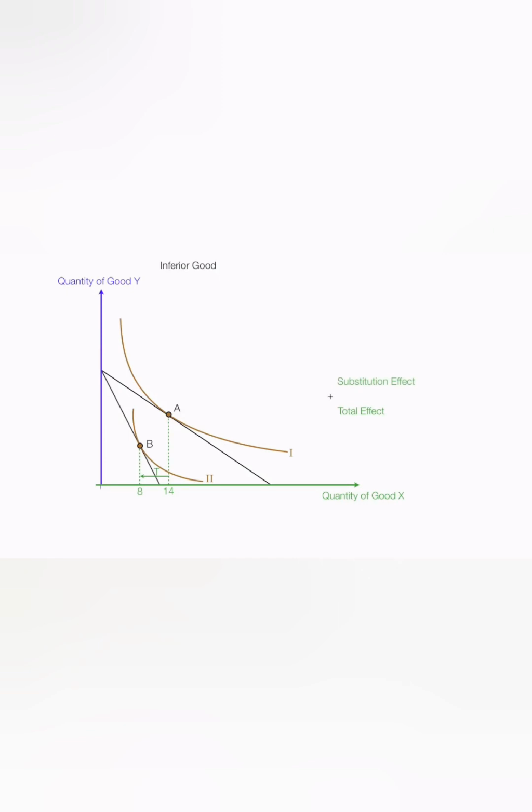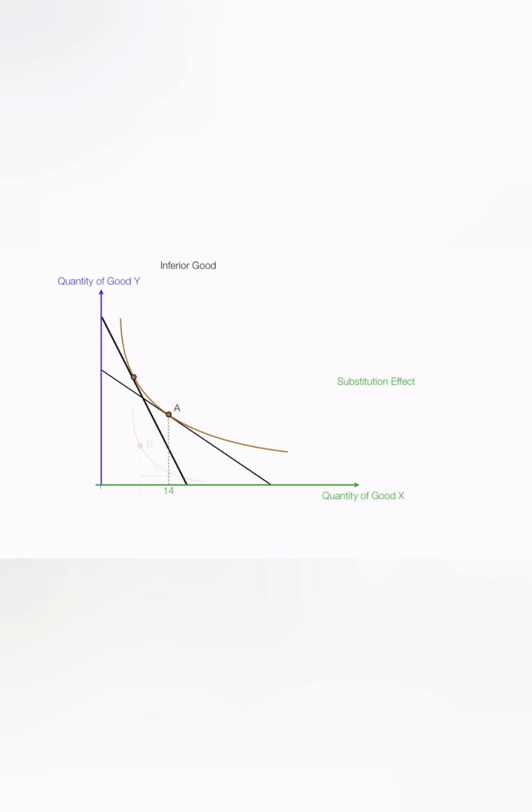And I'll break that into substitution and income effects. So the total effect becomes 8 minus 14, or negative 6. For the substitution effect, I take the new budget line and just slide it back until it's just tangent with the first indifference curve.